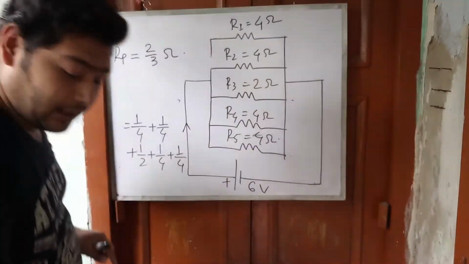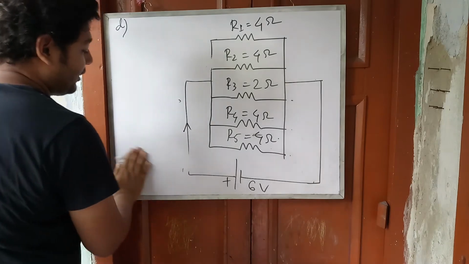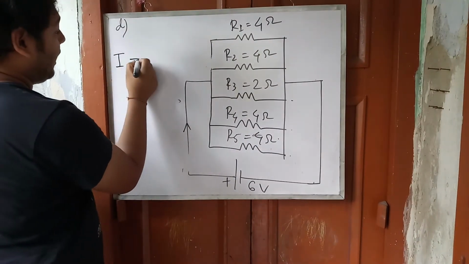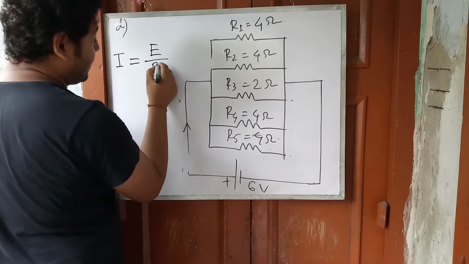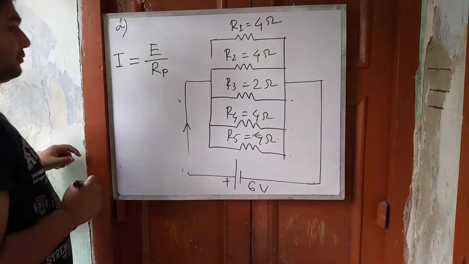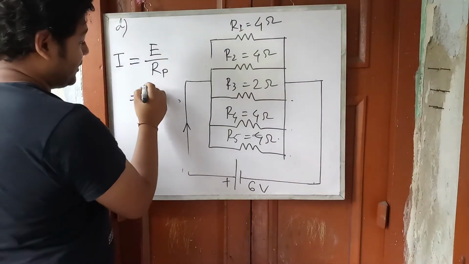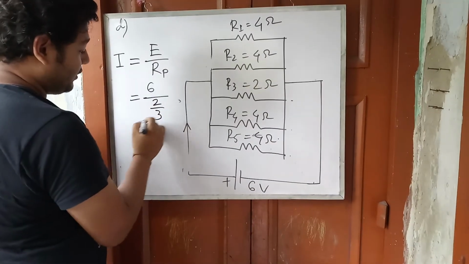Now we can calculate the current for this circuit with our formula I equal to E divided by Rp. E is 6 volt and Rp is 2 by 3 ohm.